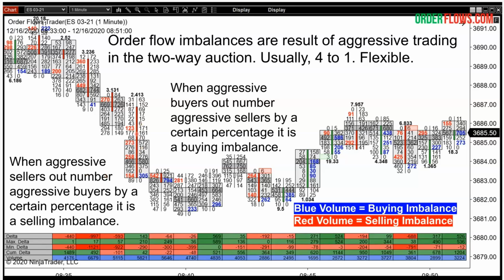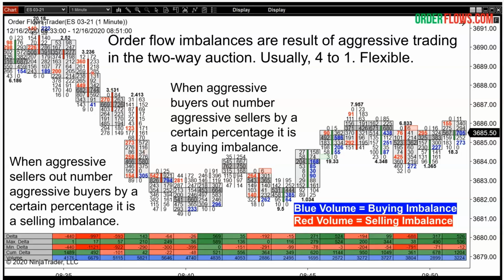It's in the two-way auction. So you could see 123 traded on the bid versus 6 on the offer. That's more than 4-to-1. That's considered an imbalance. I have this chart set to 3-to-1. 273 against 70 is more than 3-to-1. 258 against 34 is also an imbalance, right?